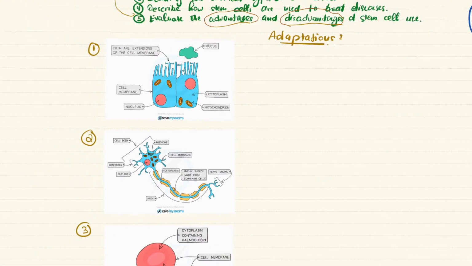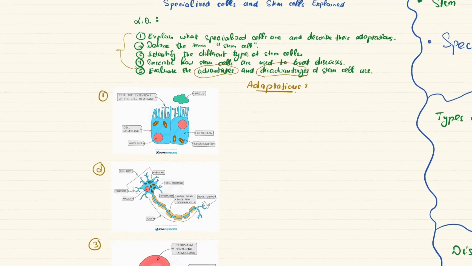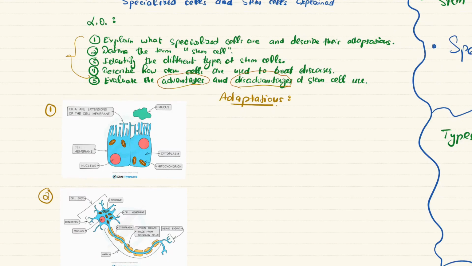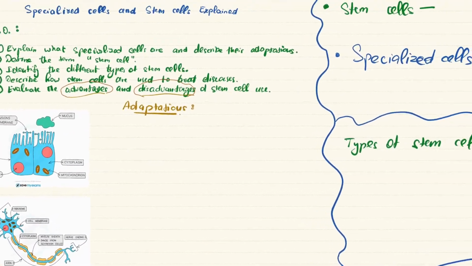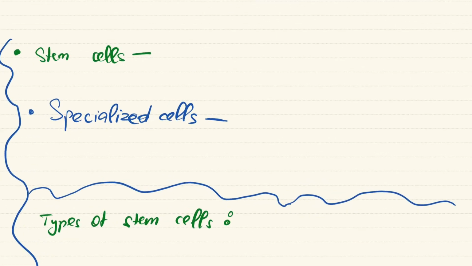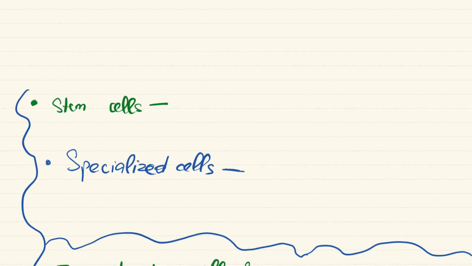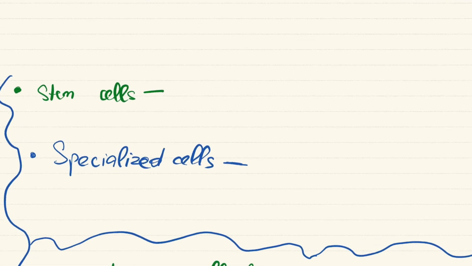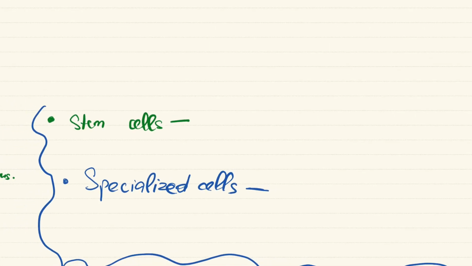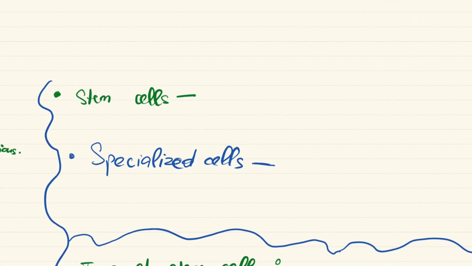I have inserted the images of three main specialized cells. Before going through that, we will learn the main terminology, terms and their descriptions. So what are specialized cells?